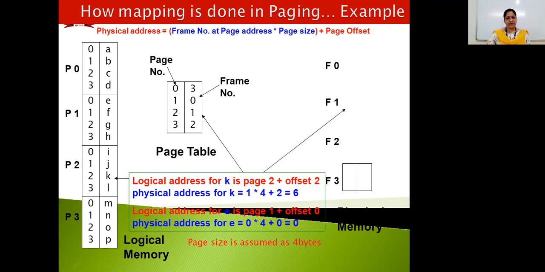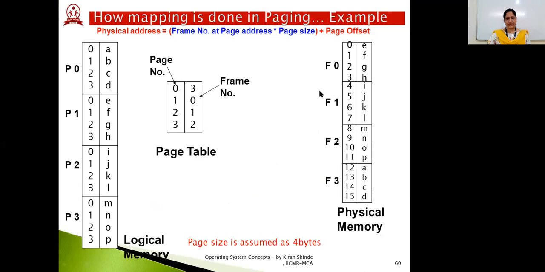Okay. Now if we just see the final appearance of the physical memory, you can just cross check. The physical location for E is 0, which we got, and the physical location of K is 6. Okay, so with this simple example, you will understand how these two formulae, that is physical address and logical address, are used in order to map the byte which is residing in logical memory for execution of the process to the physical frame in physical memory.